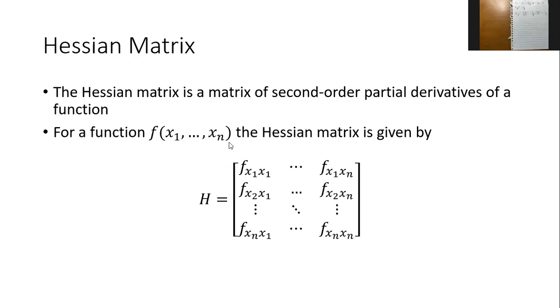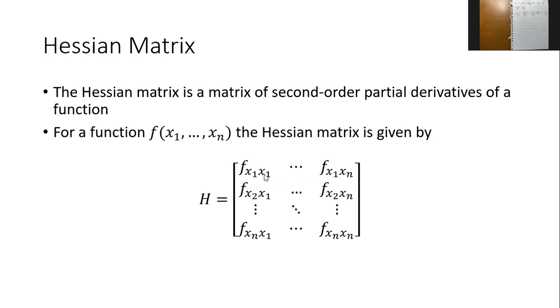But here, let's just say in general, for whatever n is, you can speak of the Hessian matrix as the matrix where the first row are all the second order partial derivatives of the function where the derivative is taken first with respect to x1, the first input variable, and then all of the rest complete the first row.